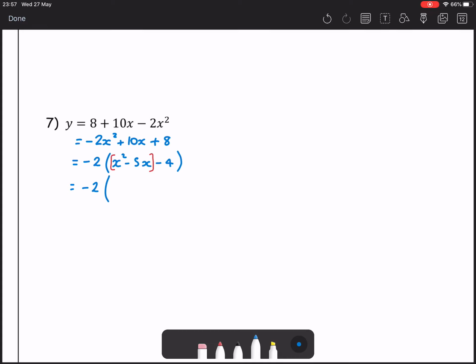Minus 2 lots. And once again, I've got minus 5 as my x coefficient, so I'm going to end up with some fraction work.